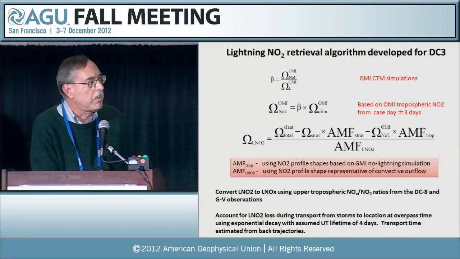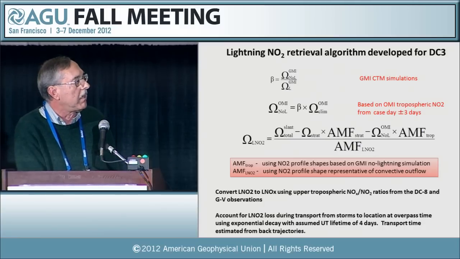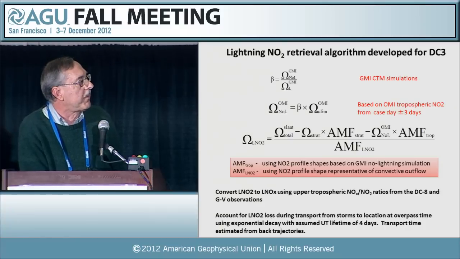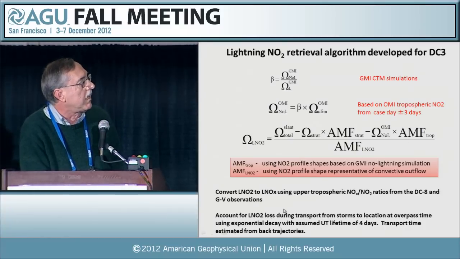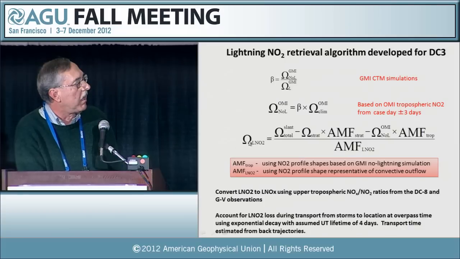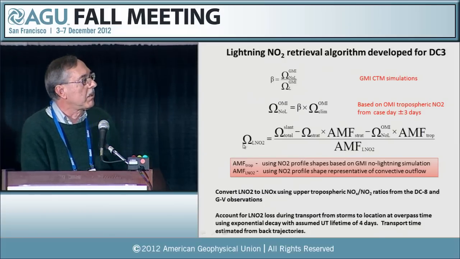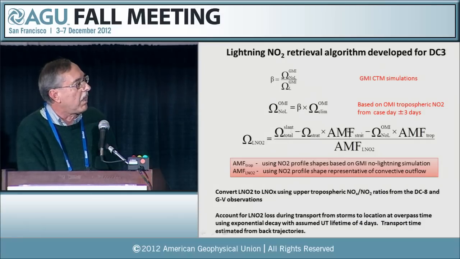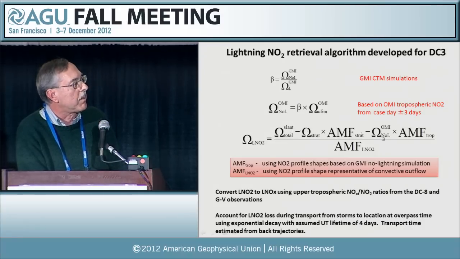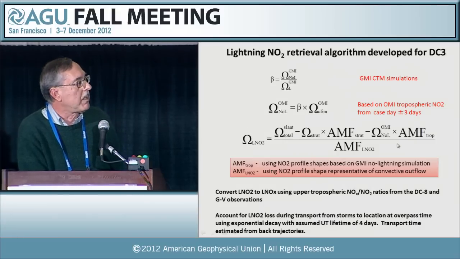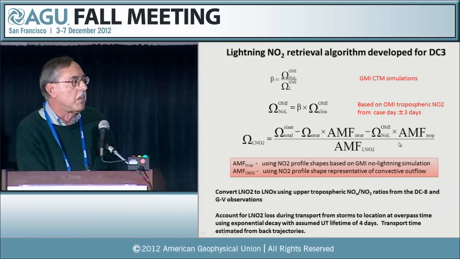And what we do here is these are representative of the column amounts of NO2 in the atmosphere, and so what we're trying to do is get an estimate of the lightning contribution to the column. So basically, what we need to do is subtract off the stratospheric component and subtract off a pollution component. I can't take time to go into all the details of this, but that's basically what we're doing.